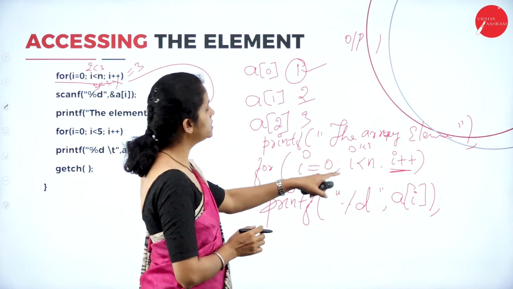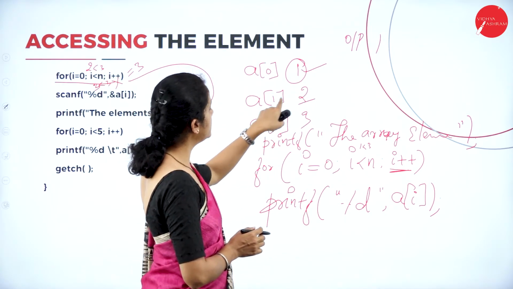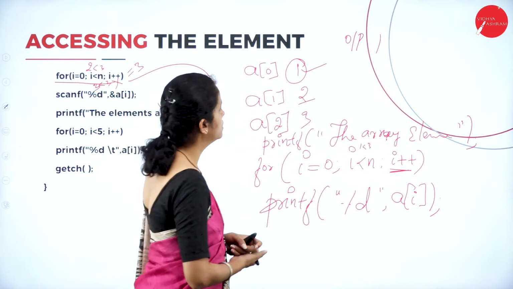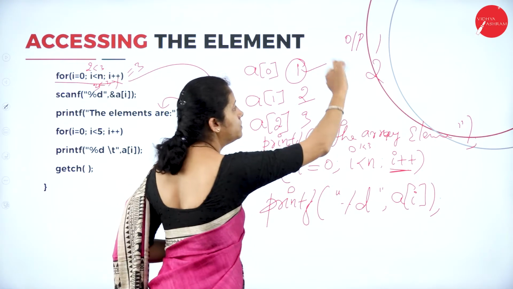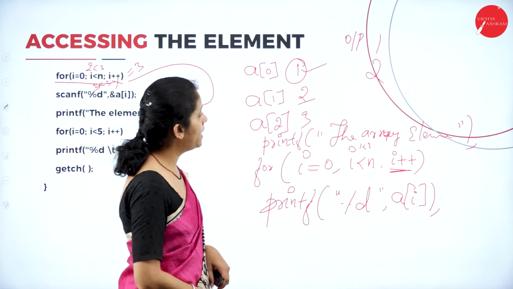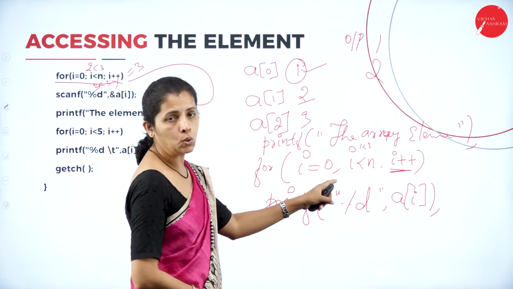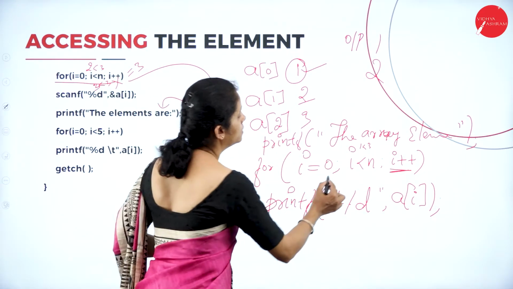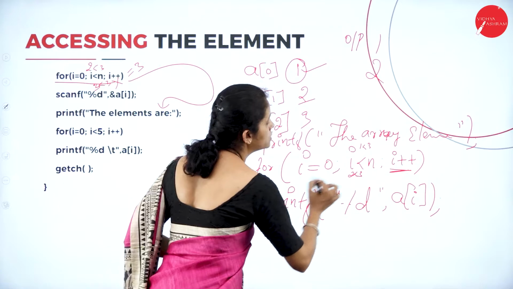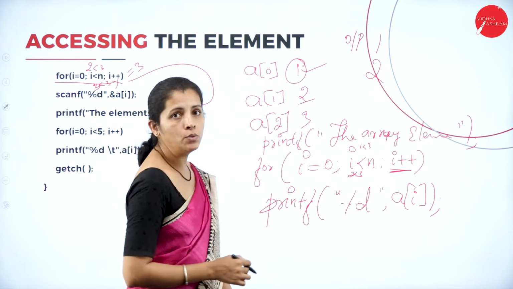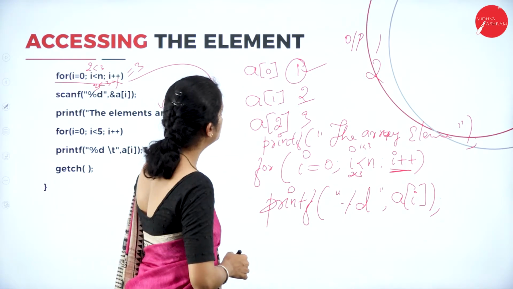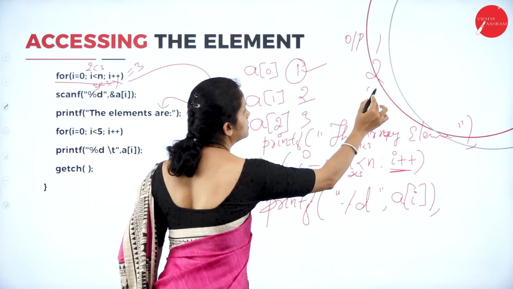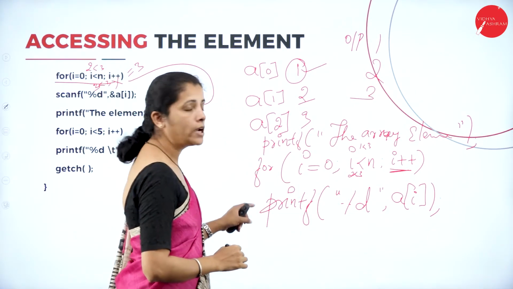So I'm going to fetch the value which is present at the location a of 1. So I'm going to get 2. Now I is incremented by 1. I is 2. 2 less than 3, it is true. So I'm going to fetch the value which is present at the position a of 2, that is 3. Now what I'm going to do?